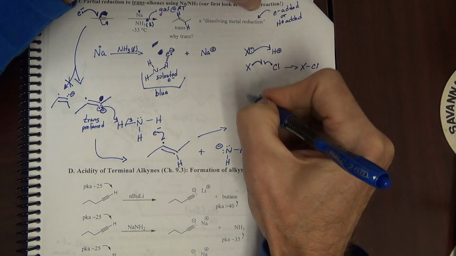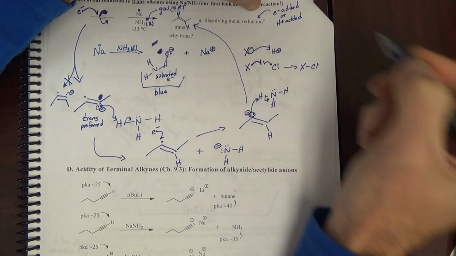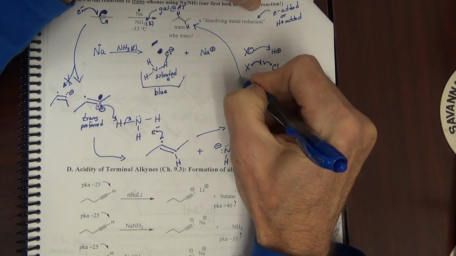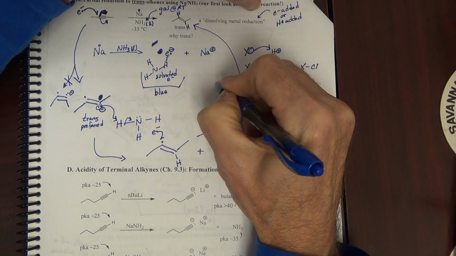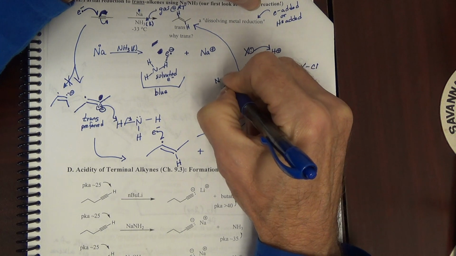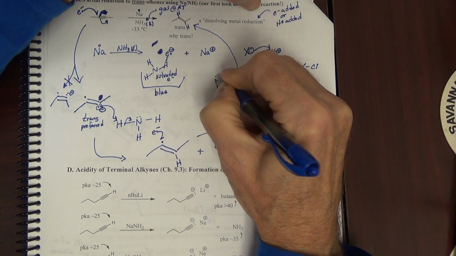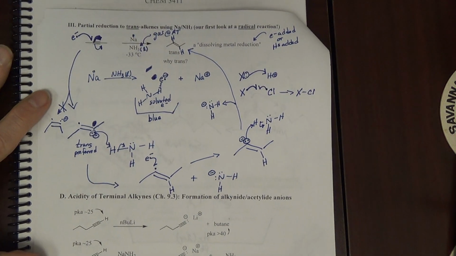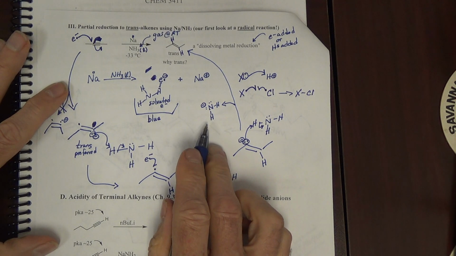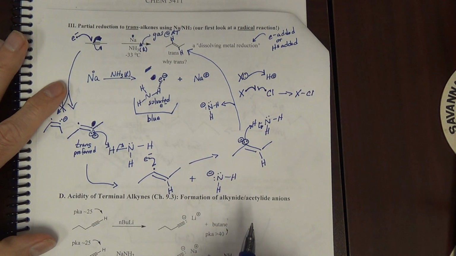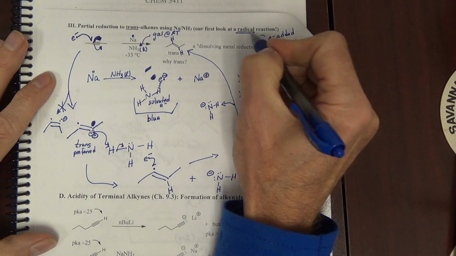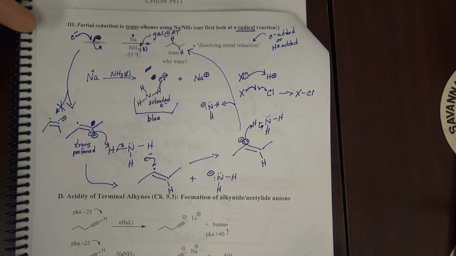And this is going to give product plus another conjugate base of ammonia. So this is a radical reaction. A radical is where you have a single unpaired electron.